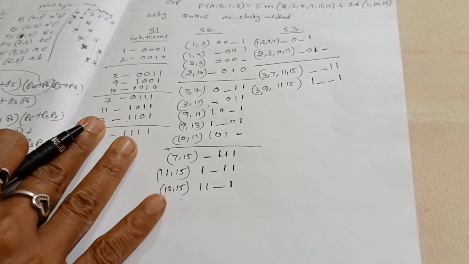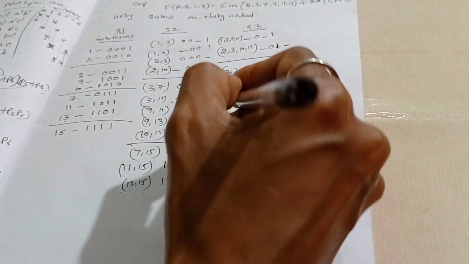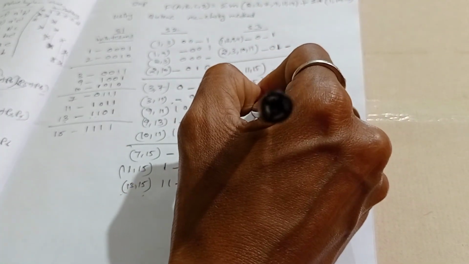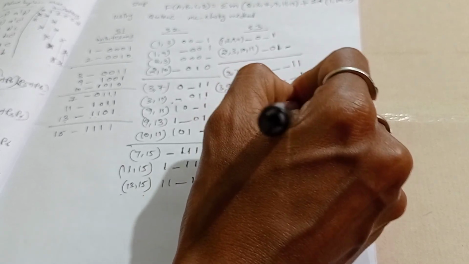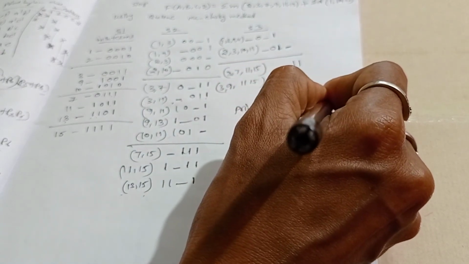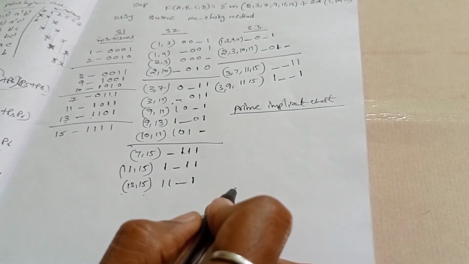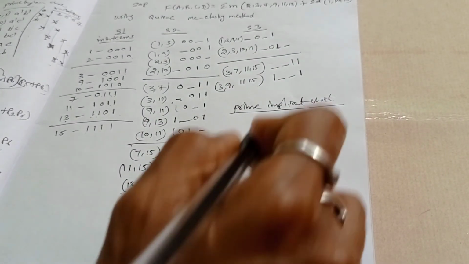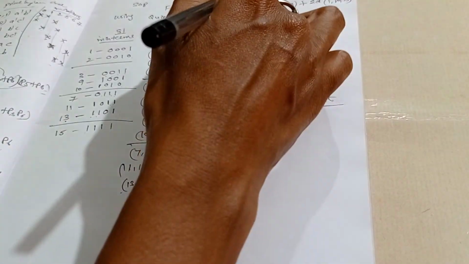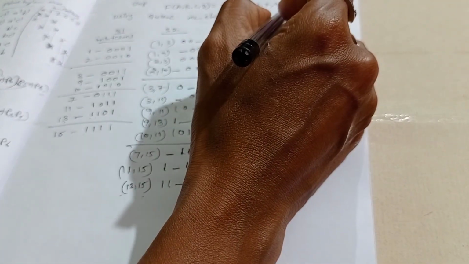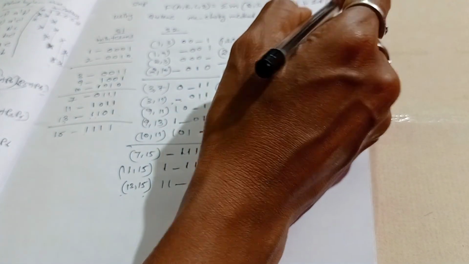Now we'll see the prime implicant chart. As we know, write the prime implicants as rows and the minterms as columns. Write only the minterms, not the don't cares.